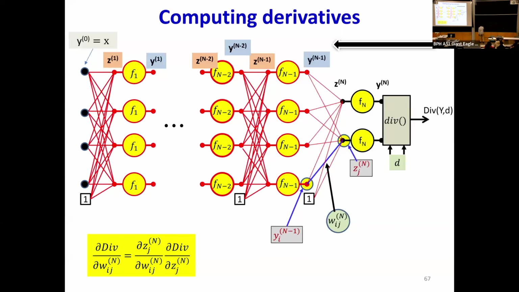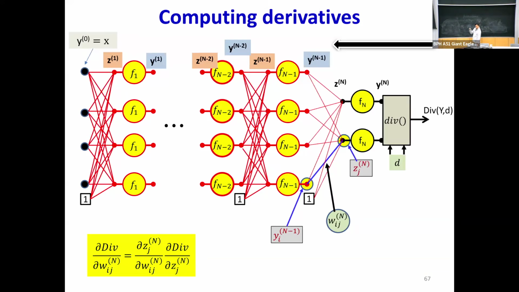For any given weight wij, we had zj equals summation over i of wij yi. I can call this wij yi plus summation over k not equal to i of wkj yj, right?